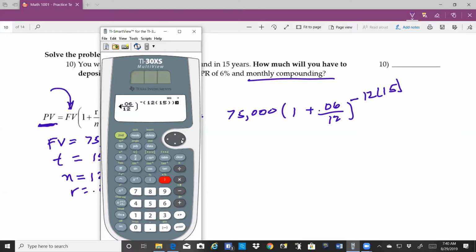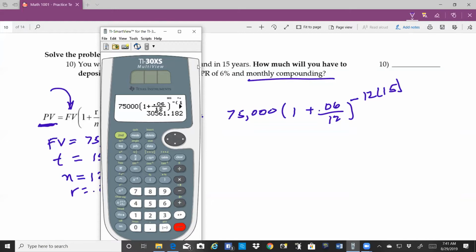And notice I probably didn't have to put this one and this one in, but I just want to be safe. So now hit enter, and we get $30,561.18 is how much you would have to put in.